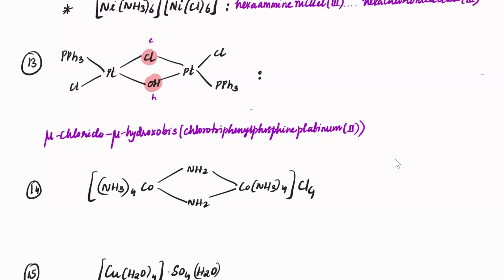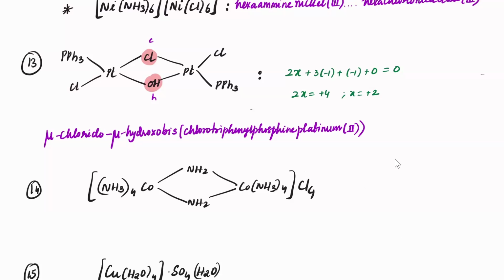Let me show you how to find the oxidation state also. There are two platinum, 2x, plus there are three chlorines, each one with -1 charge, plus there is one hydroxide which is -1, and PPh3 is 0 oxidation state. So overall 0. So that makes it 2x equal to +4 and x is equal to +2. So that's how you'll get +2 as the oxidation state.